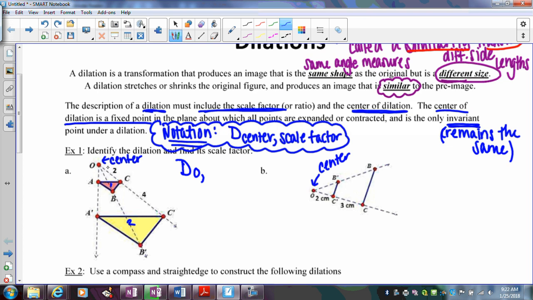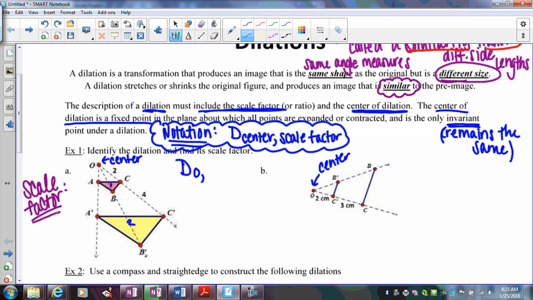So what happens is when you do a dilation, you use the center and you go to each pre-image and then image point using that scale factor and using the scale factor to multiply by your original distance. That's how you're going to get the new distance. And what that does is it forces the side lengths to be in that same ratio as those distances. So to find the scale factor off to the side here, there's kind of a formula you can think of.